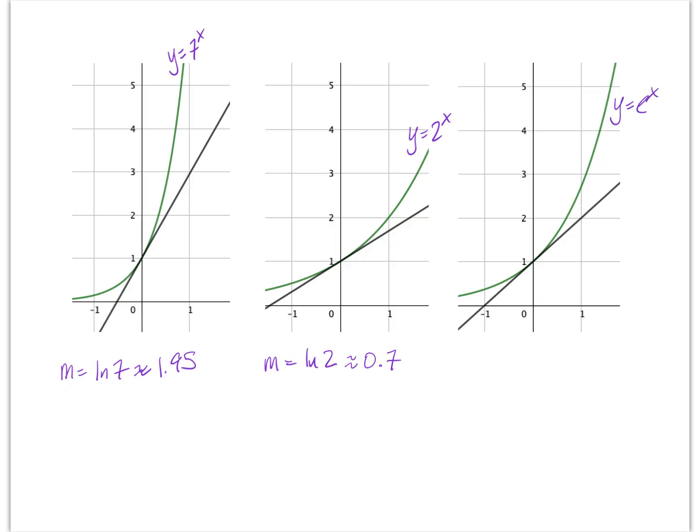And remember, e is about 2.718. So the slope of this line was 1. That is somewhere between 2 and 7, closer to 2 than it is to 7. So the slope of the tangent line at 0 should be between 0.7 and 1.95. And it is, it's 1.